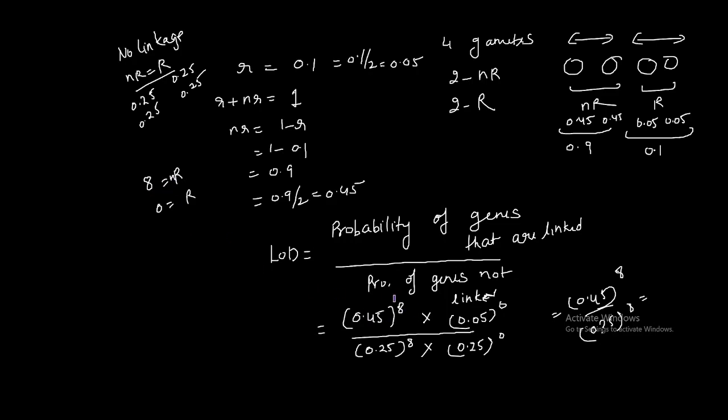Now the frequency of recombinants is 0.05, and how many recombinants? 0. The frequency of recombinants and non-recombinants is always 0.25 when the genes are not linked, because they will follow Mendel's law. Then again the exponents are 8 and 0. You will calculate it, and if the value is less than 3, you will say the genes are not linked, whatever genes you are studying here.